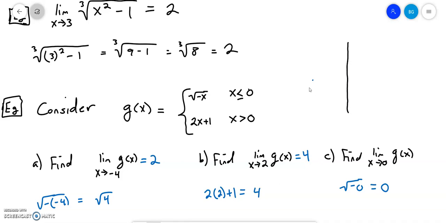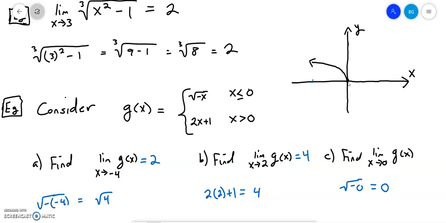And in order to understand why that's the case, we need to think about the graph of this function, specifically what happens to it right around 0. So at 0, this thing is a square root function that's been reflected over the y-axis. It's going to look something like that.